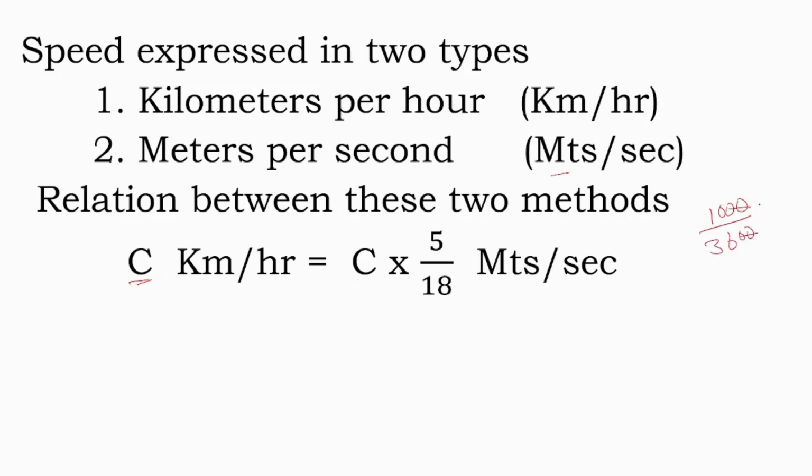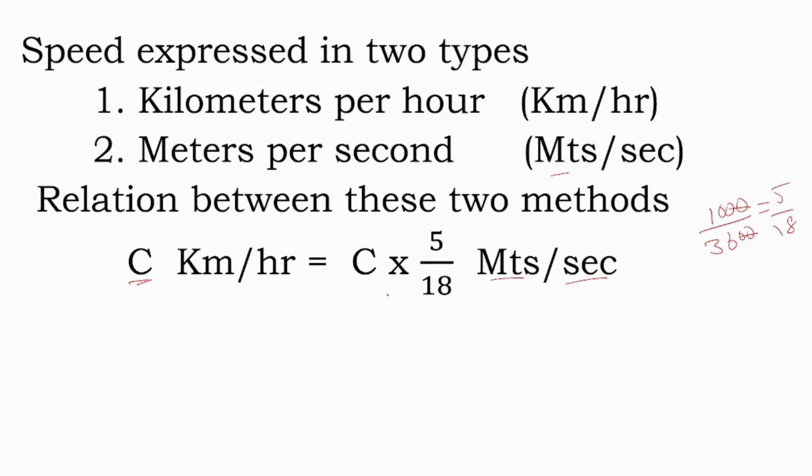The simplified fraction is 5 by 18 because there are 1000 meters per 1 kilometer and 3600 seconds per hour. That's why 5 by 18 should be multiplied to the kilometers C value.